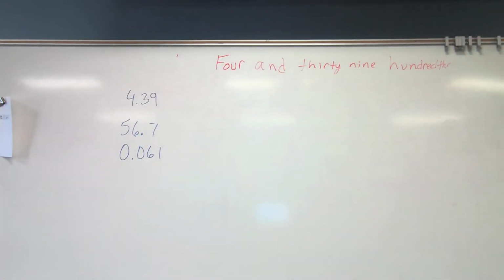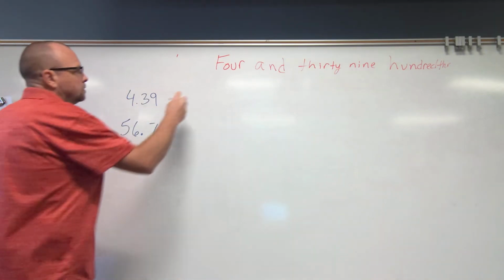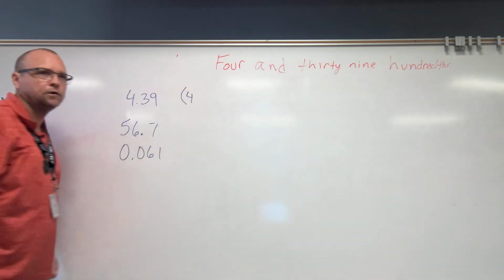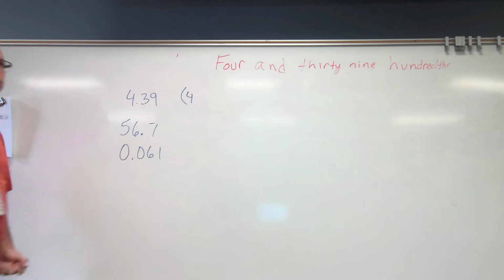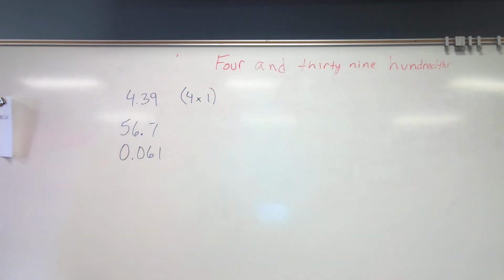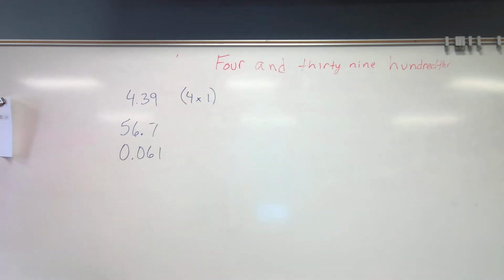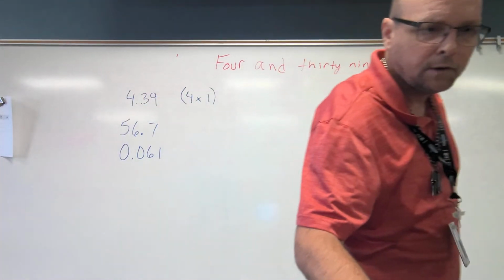Where are we going to start, Lily? We're going to start at the 4. And what are we going to do with it? Times 1. Good. I don't have to do a decimal and a fraction way of doing this because it's just 4 times 1. Where do we go next?